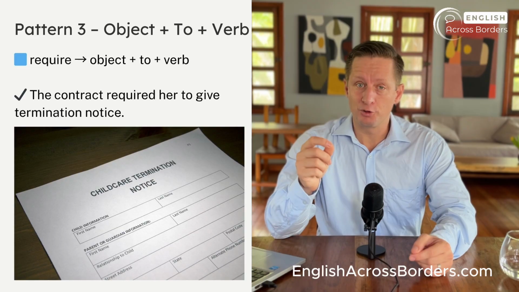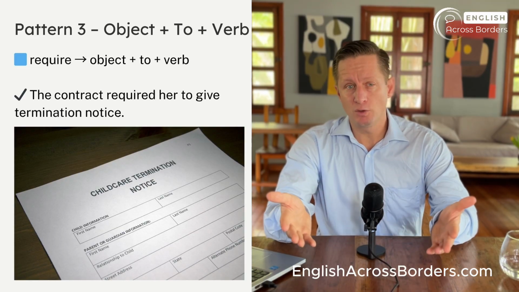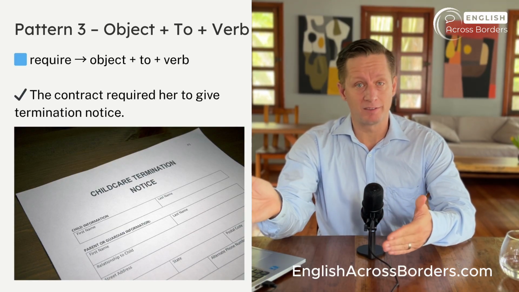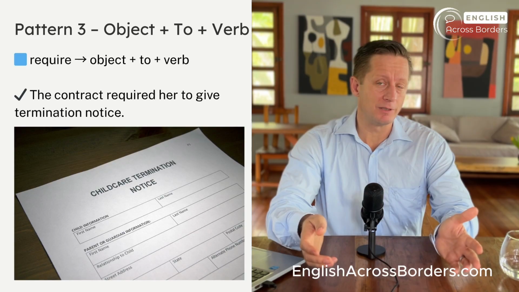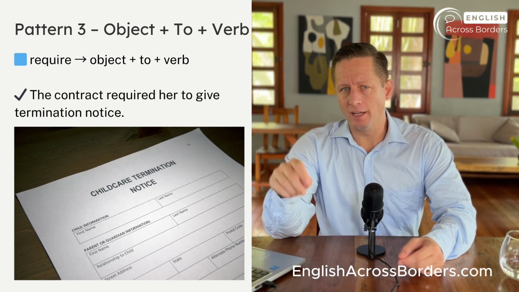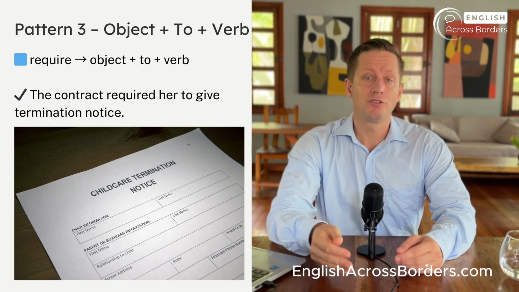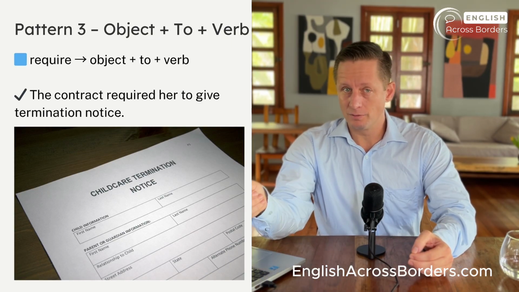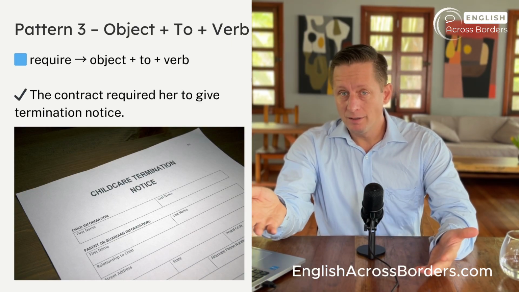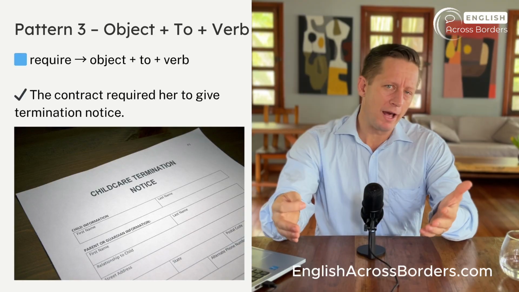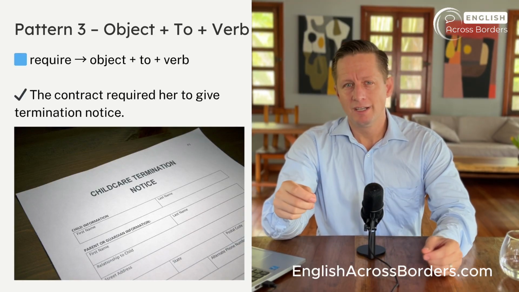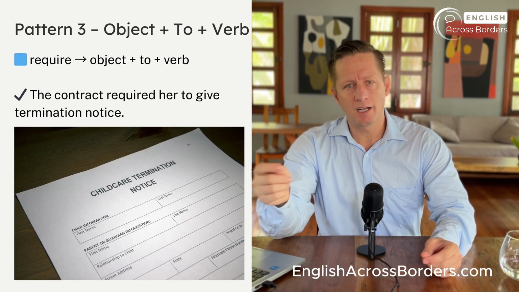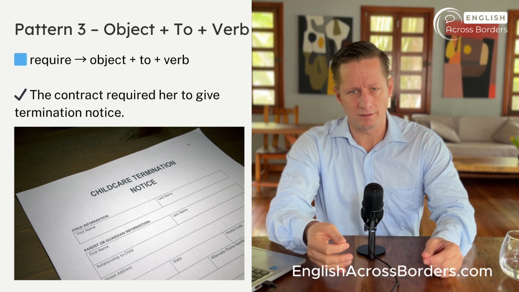This is one of the most precise and professional ways to assign responsibility in legal documents. You're not just saying what needs to happen, you're saying who needs to do it and what they need to do. Why does it matter? Because using the wrong pattern sounds unnatural and can confuse the meaning in contracts or negotiations.